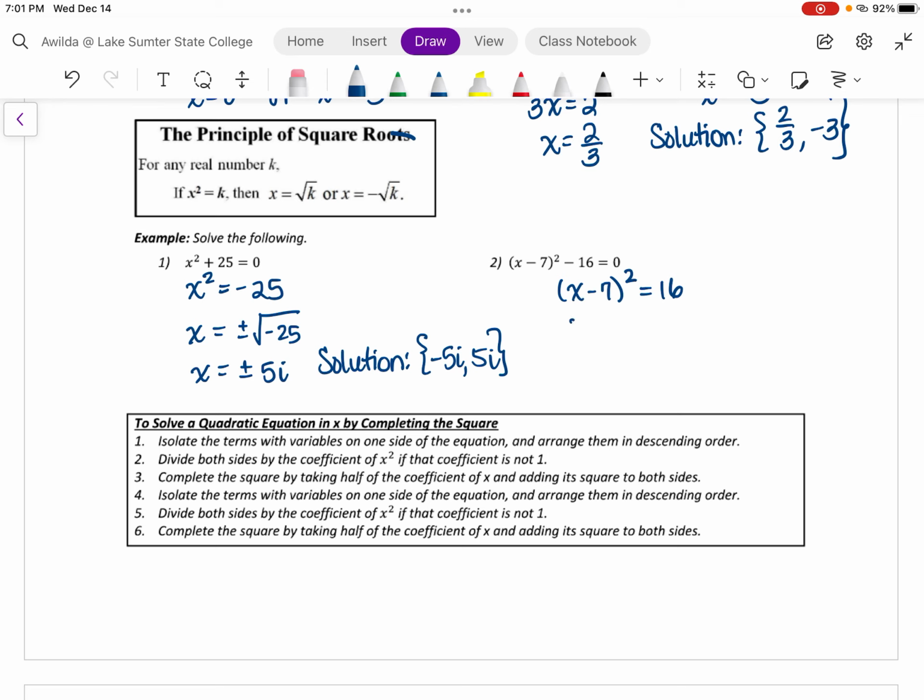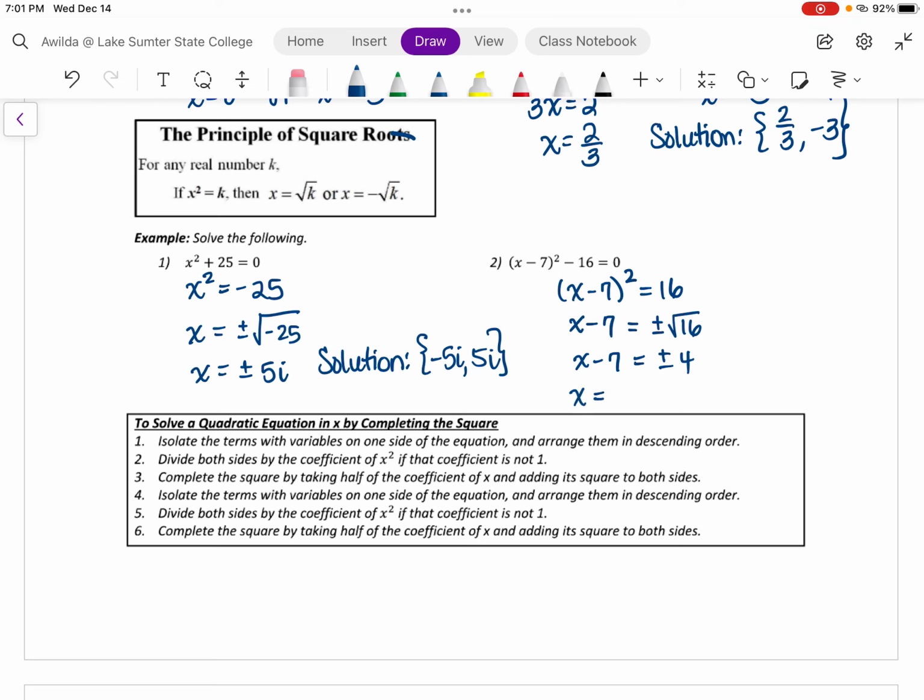I can say that x minus 7 must equal the principal or the negative square root of 16. This time, the square root of 16 simplifies beautifully to just 4. So that means that x minus 7 is either equal to plus or minus 4. We want to isolate x, and so we're going to add 7 to both sides of this equation.